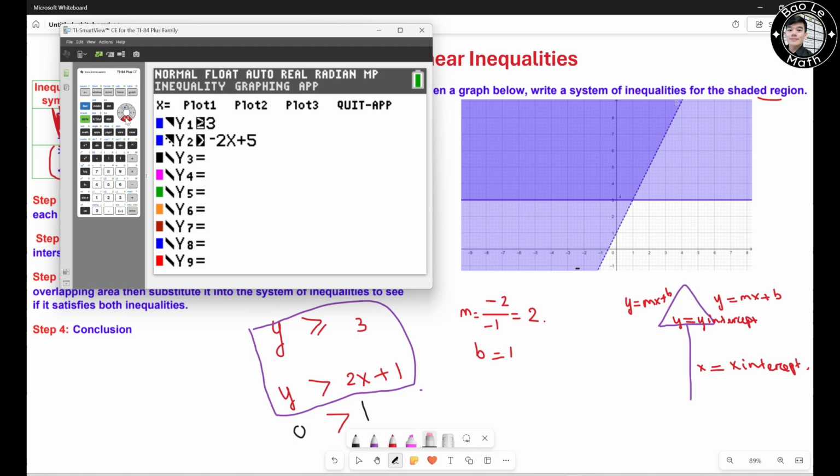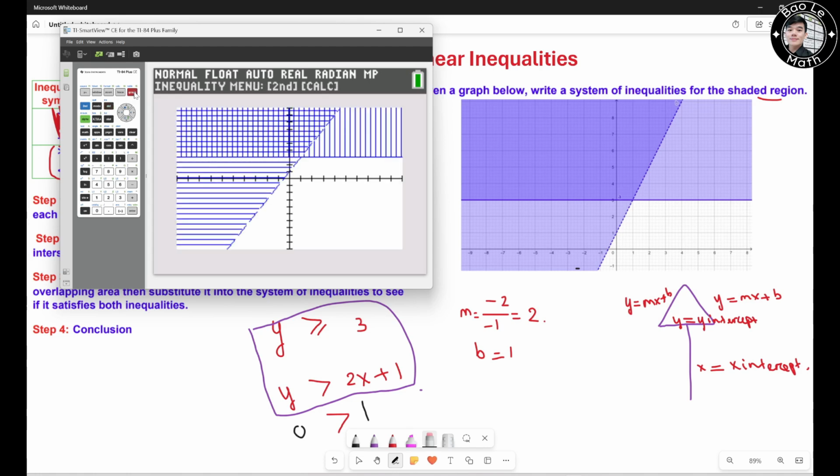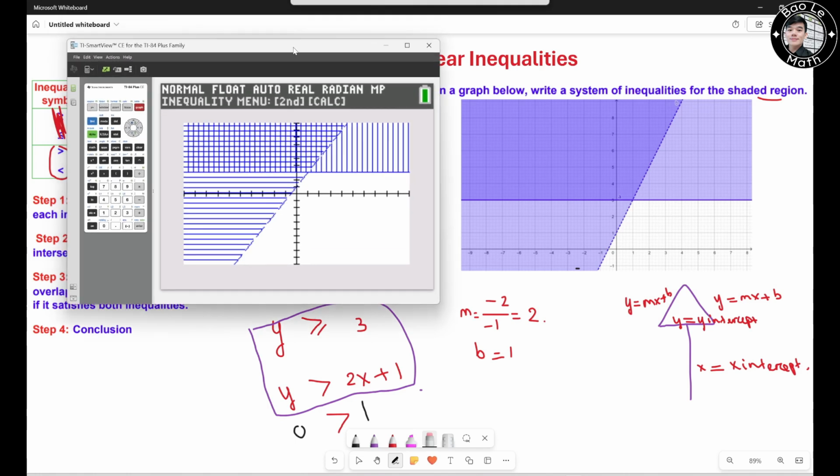Now go down, y greater than 2x plus 1, right? So I have 2x plus 1. And then I'm going to hit graph. And then, yes, look, this graph and the given graph right here, they are identical, right?